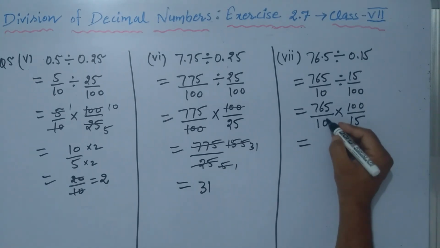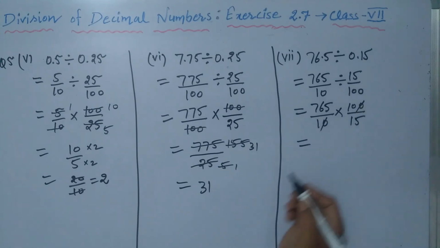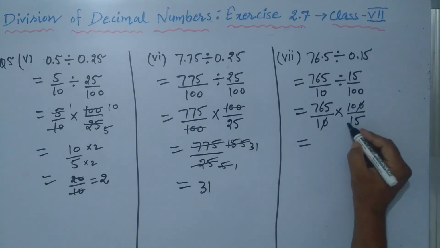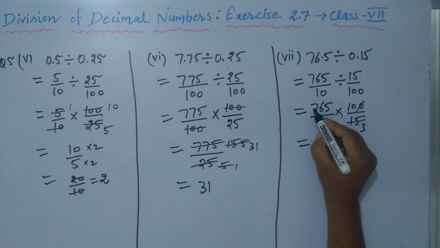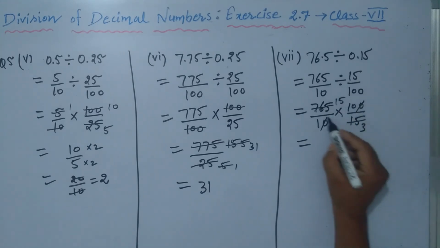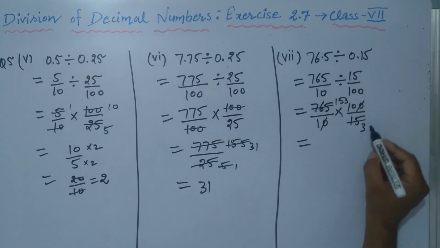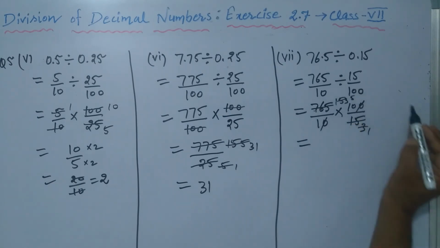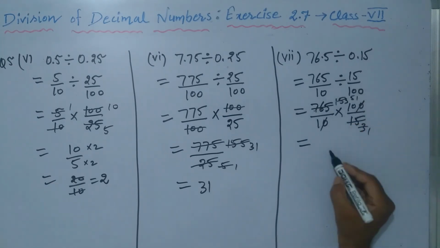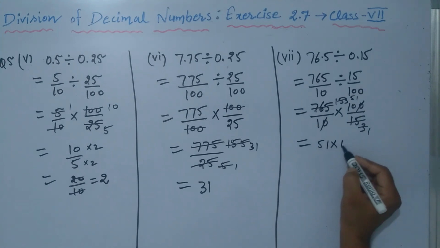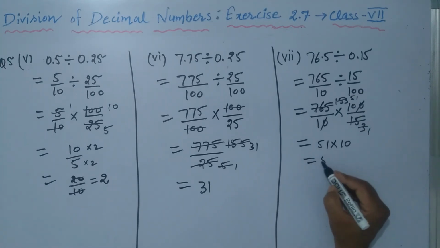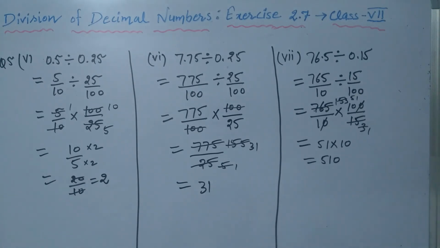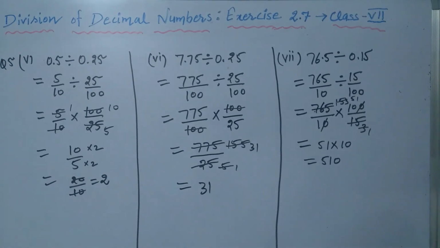So this is equal to 0 is cancelled. 5 threes are 15, 5 ones are 5, 6 7 2 25 26, 5 fives are 25, 5 threes are 15, again 3 ones are 3, 5 threes are 15, 1 51 into 10 equal to 510. So seventh part is okay.